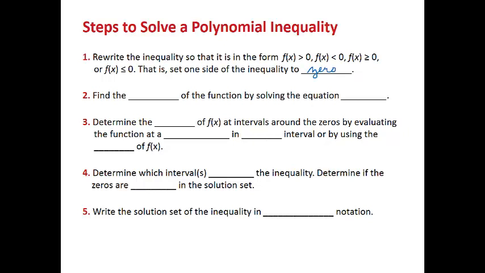Then we find the zeros of the function by solving the equation f of x equals 0. This is a critical step. These zeros are also called boundary numbers. And so we always find those boundary numbers by solving the associated equation.